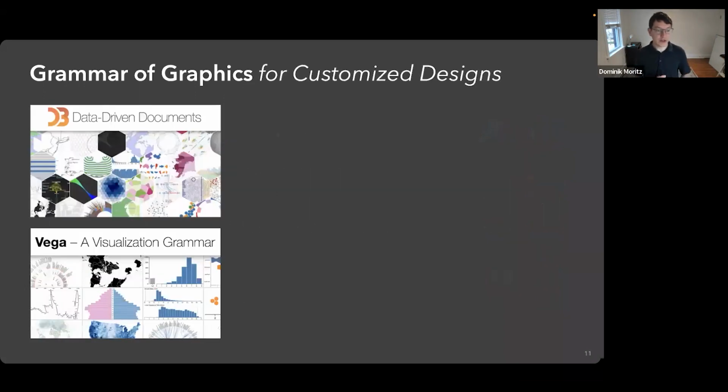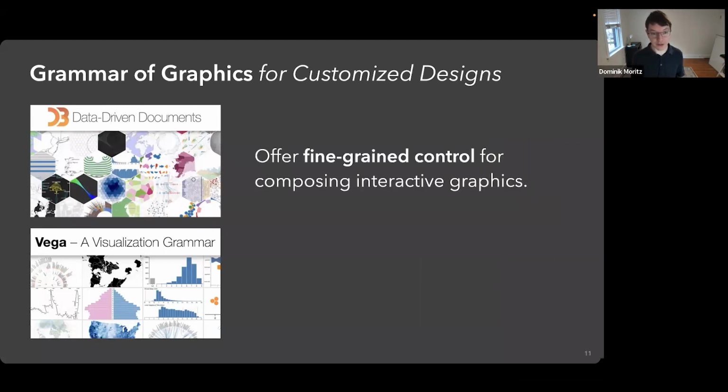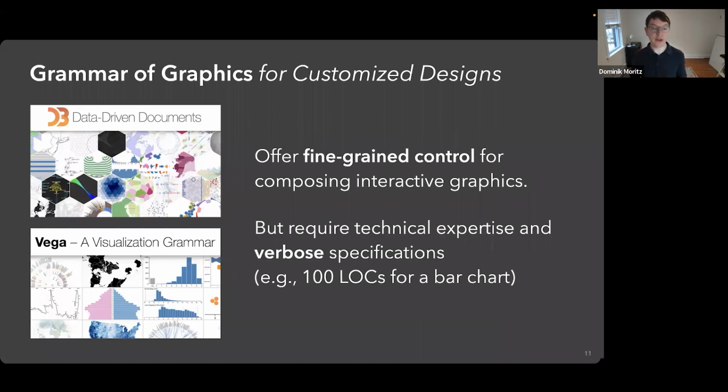And so these building blocks allow us to create tools for customized visualization design, such as D3 and Vega. They offer fine-grained control for composing interactive graphics. But these tools also require verbose specifications and technical expertise, often hundreds of lines of code for a bar chart.